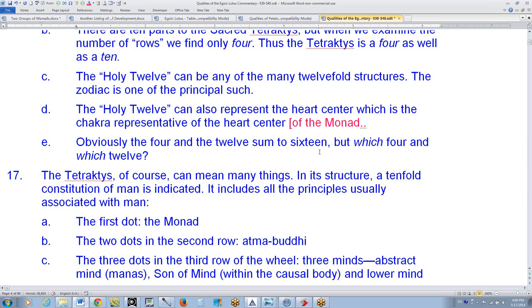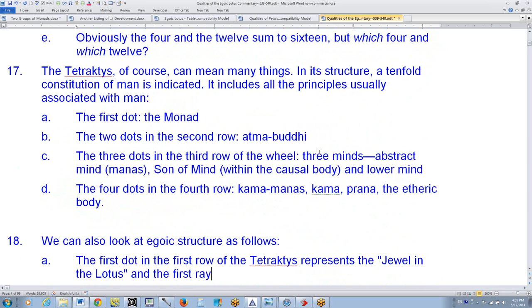The 2 dots in the second row of the Tetractys are Atma Buddhi, yes. The 3 dots in the third row, 3 aspects, abstract Manas, son of mind within the causal body, and the lower mind. So these are mental abstracts, and the 4 dots, considering principles, Kama Manas, Kama Prana, and the etheric body, by some way of reckoning principles.